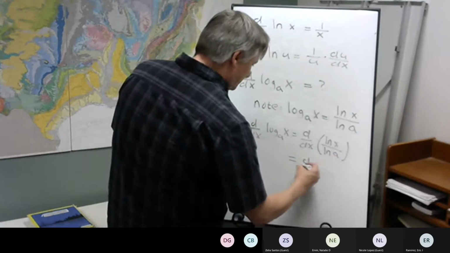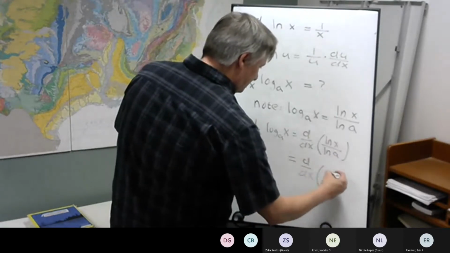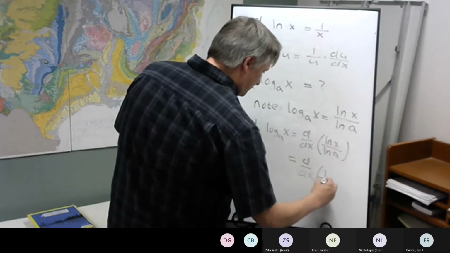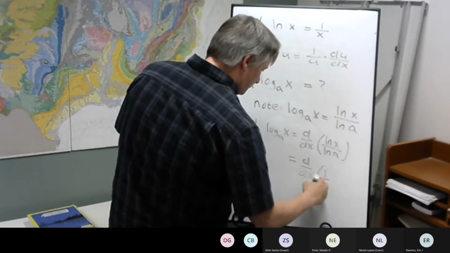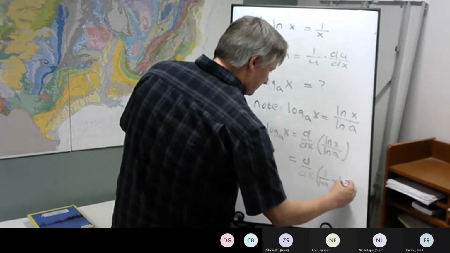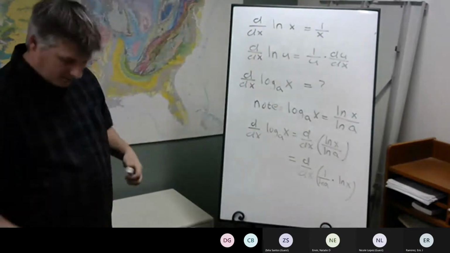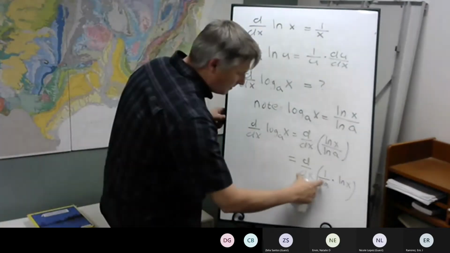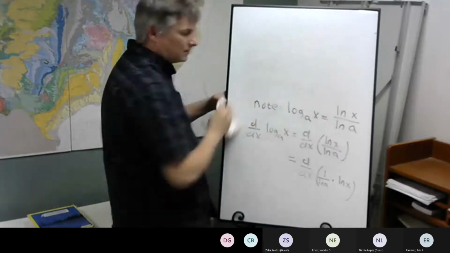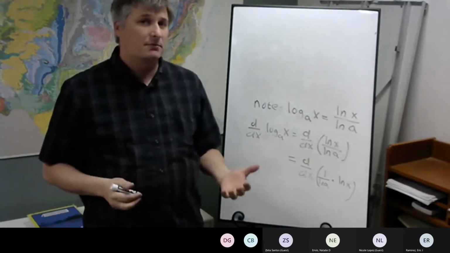We can treat this as the derivative of 1 over natural log of a times the natural log of x. And just like with limits, we can pull the constant through the derivative.